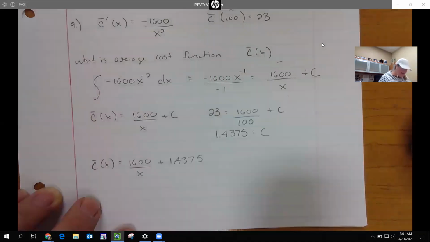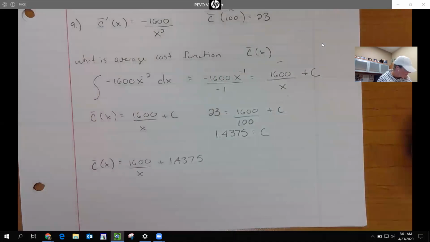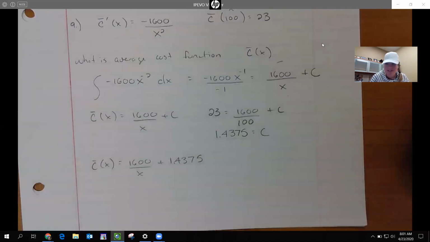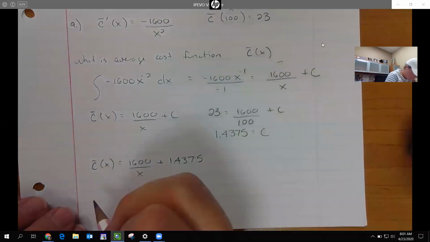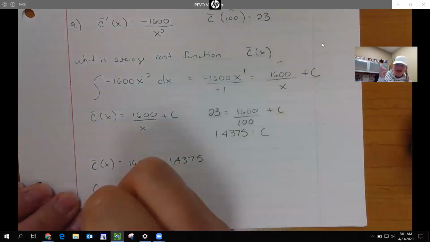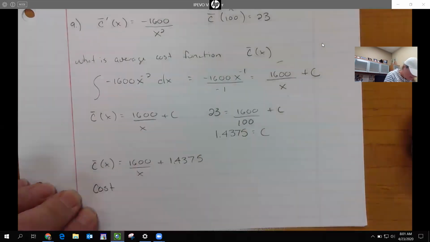All right, so we have that. And from here, we could actually be asked, what's the regular cost function? So how did we find the average cost function? We divided by x, right?